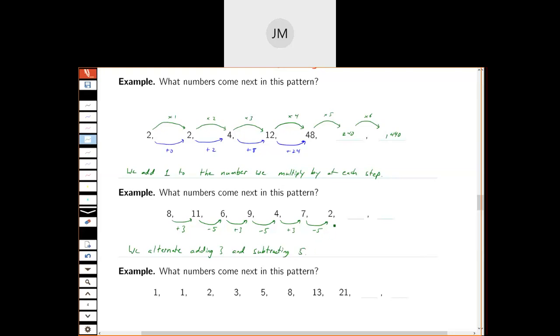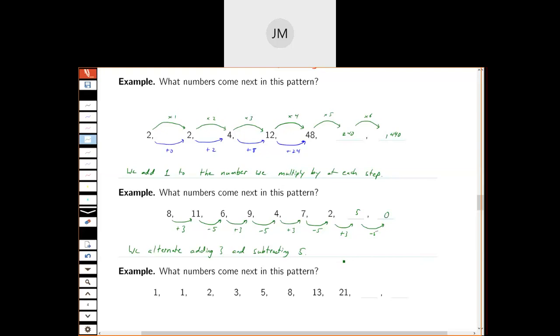Continuing on, following my pattern, if I add 3 to 2, I will get 5. And then if I subtract 5, I will get 0. So I think the next two numbers would be 5 and 0.